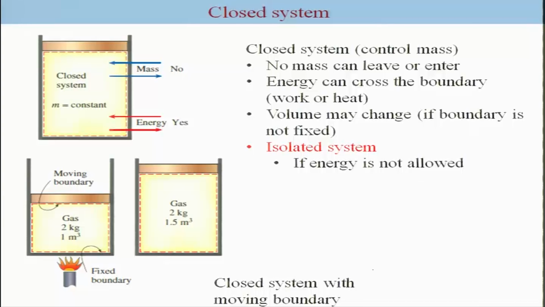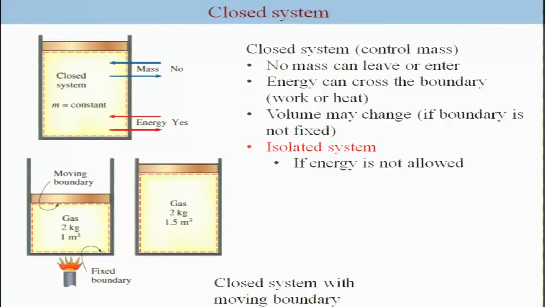Okay. Let me now go through specific examples, the closed system and open system. What is a closed system? A closed system is one where no mass can leave or enter, but energy can cross the boundary in the form of work or heat, which we are going to define more specifically later. In addition, the volume may change because the boundary need not be fixed.